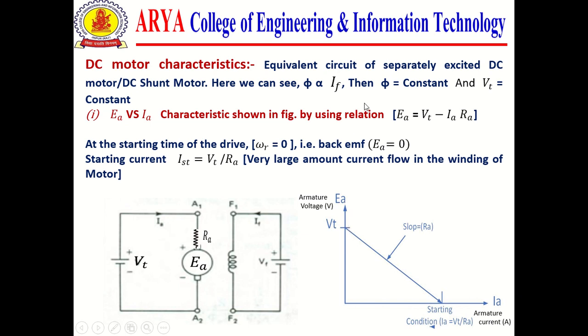If I talk about the separately excited DC motor, here we talk about the separately excited circuit. In the case of this motor, the flux produced by the stator magnetic winding is directly proportional to the field current.